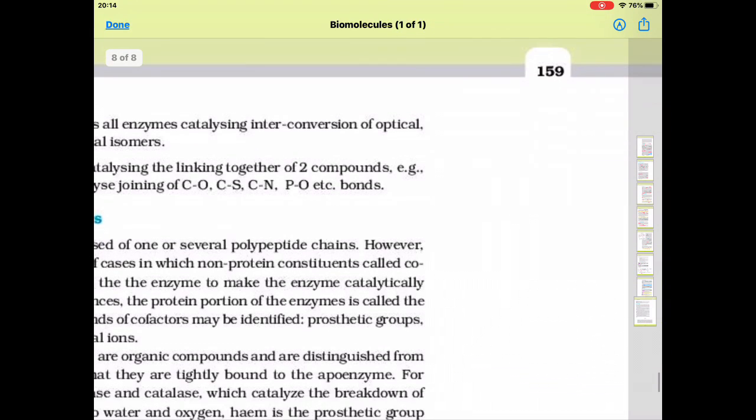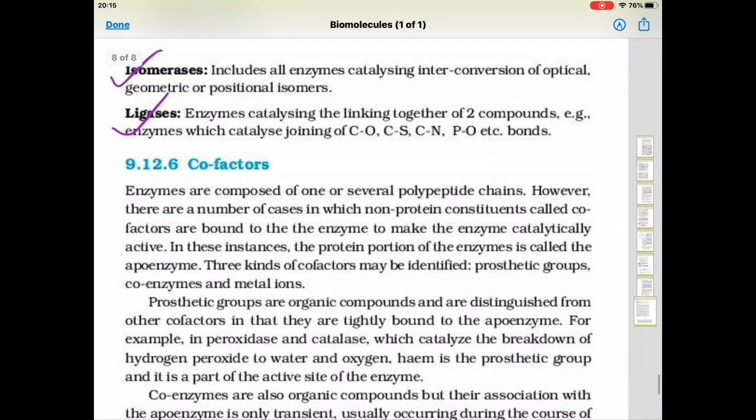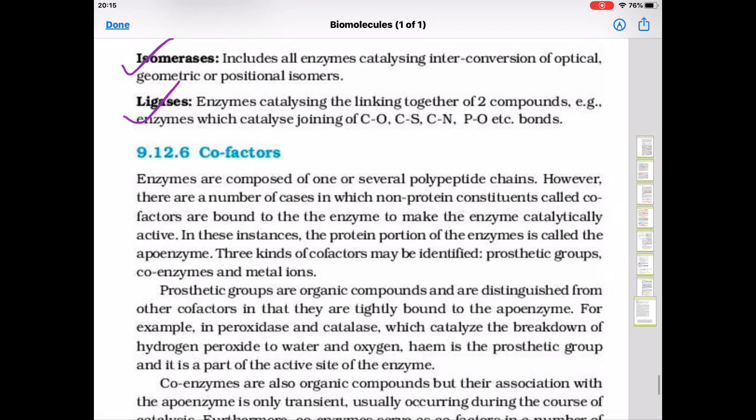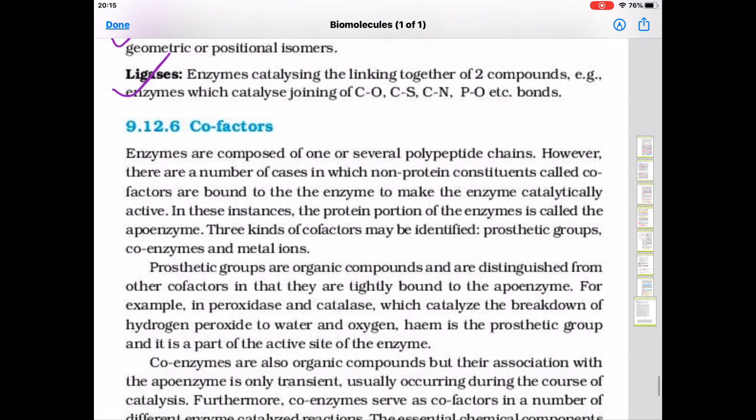Isomerases, some enzymes catalyze the isomer reactions, that is conversion of one form to another. Ligases, some enzymes help in joining the compounds. So just learn these types of reactions and their names.